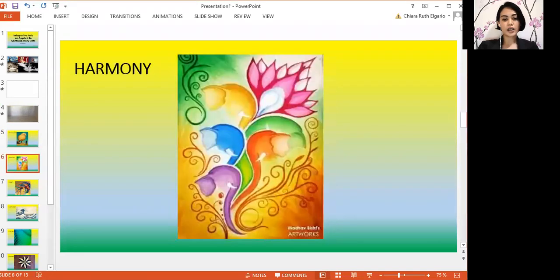Next one we have is harmony. In general, you can say an art piece is harmonious or is in harmony when the different parts produce an overall positive impact or effect. In visual arts, harmony is the unity of the artwork, specifically in reference to the arrangement of its parts, while in music, harmony refers to the simultaneous sounding or playing of different notes to produce a sound.